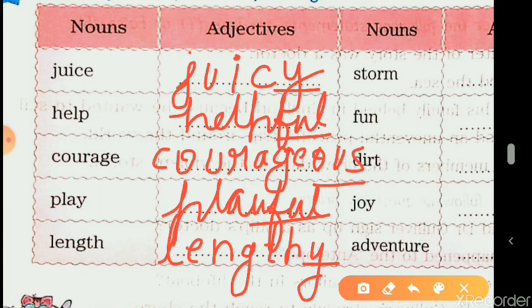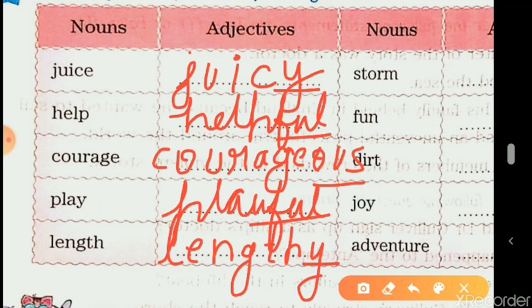Now you know why those words were given, that we can form adjectives from the noun by adding Y, OUS, IOUS and FUL at the end of the word. So in the word juice, we have added Y and juice has become juicy. In the word help, we have added FUL and the noun has become the adjective helpful.